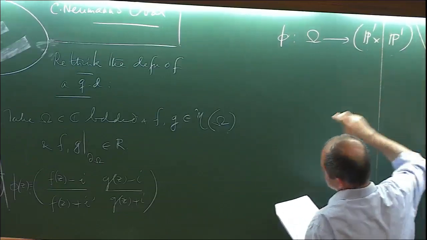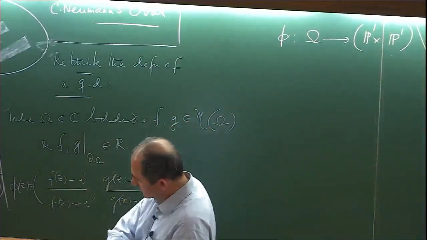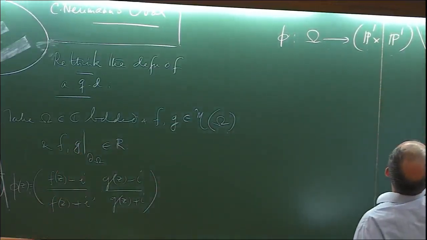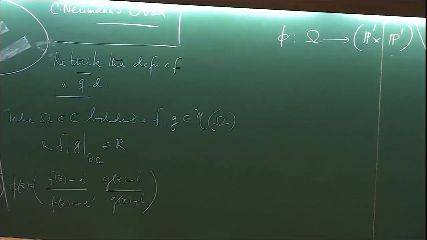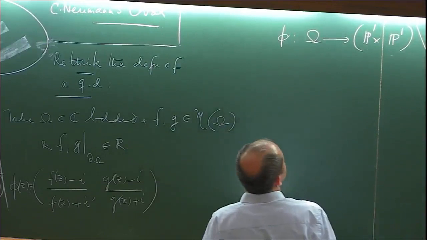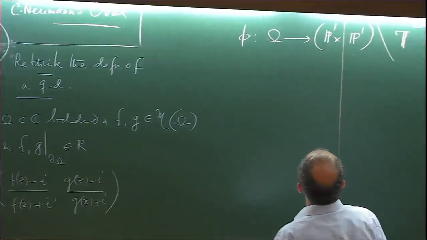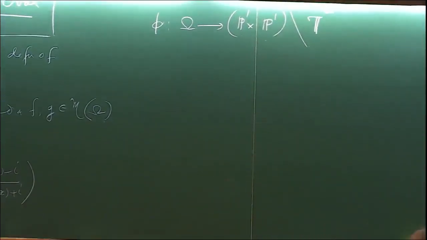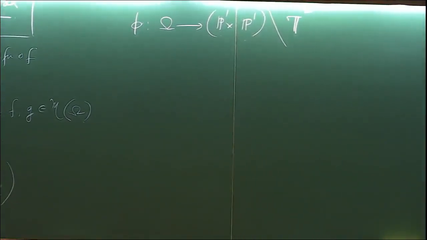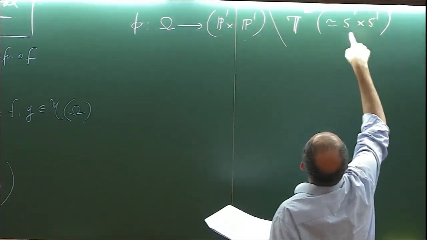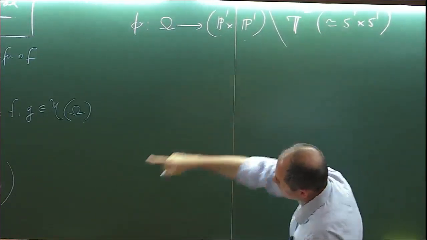What does this Mobius transformation do? It takes each real line and maps it into a circle. So this takes boundary values in the torus, the standard torus S1 cross S1, a copy of R under this Mobius map.